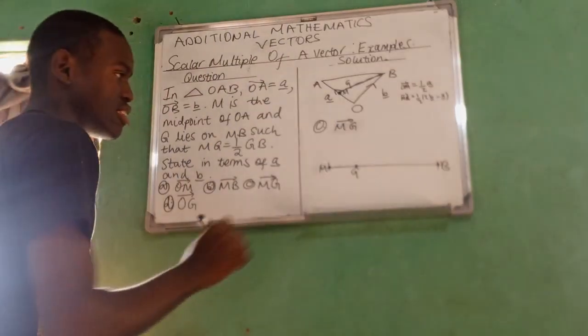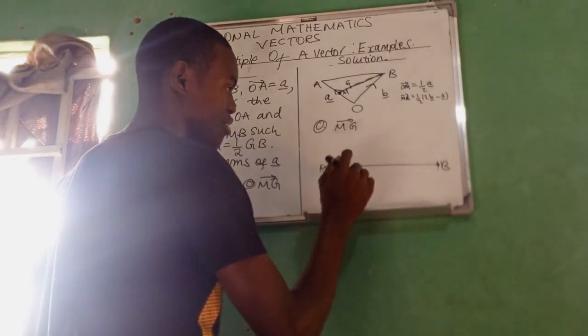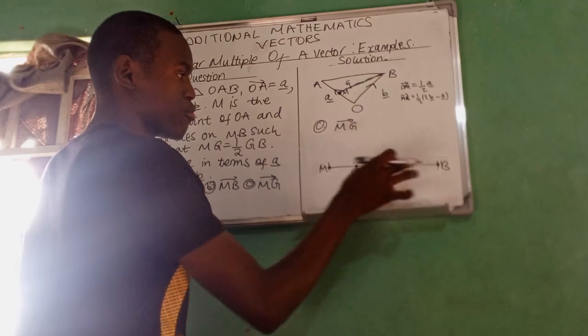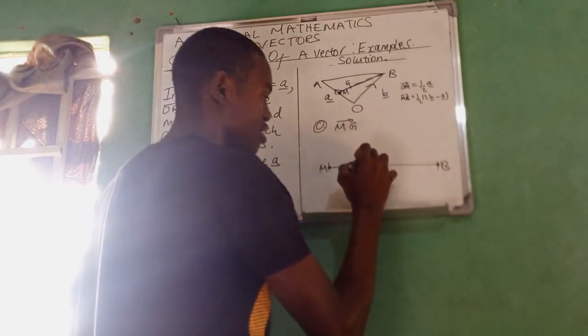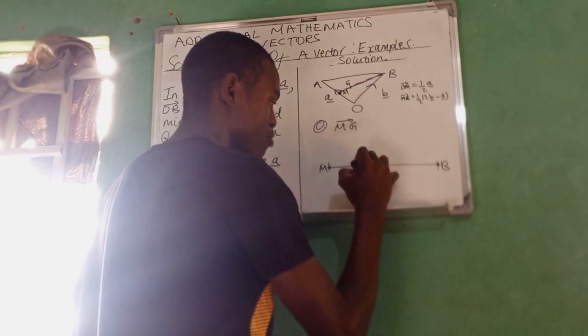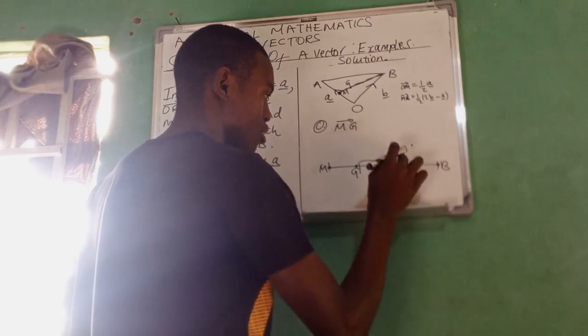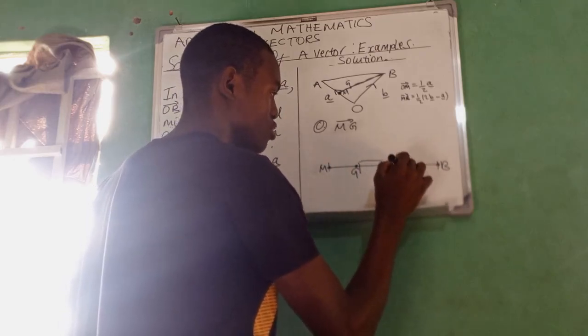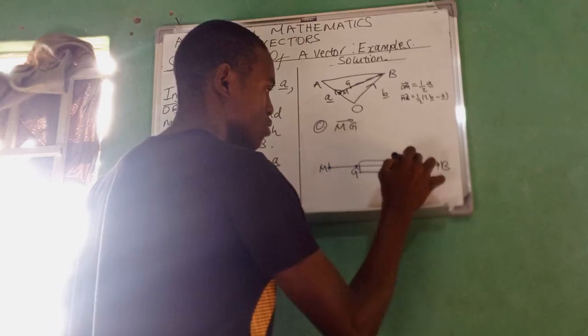Because this is MG, and MG is half of this right here. Simply meaning that we can have two MGs in here.